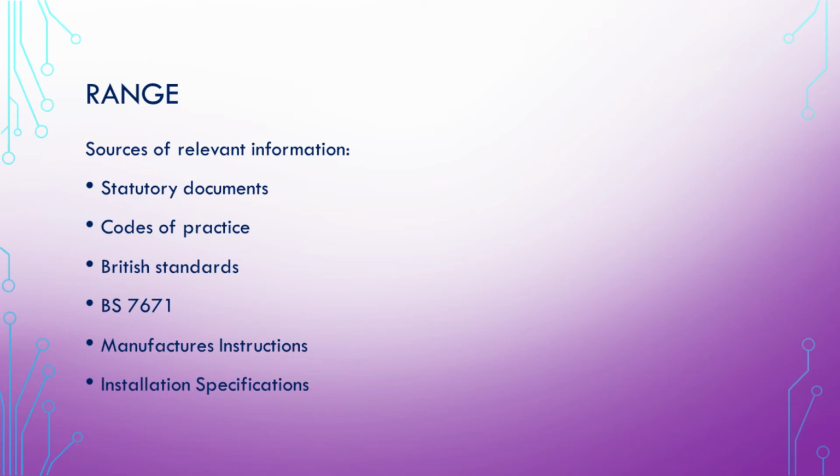So you need to understand statutory documents, codes of practice, British standards, BS 7671, 18th edition regulations currently, manufacturer's instructions, installation specifications. All of these are relevant and you need to understand how you use them for assisting you in termination.